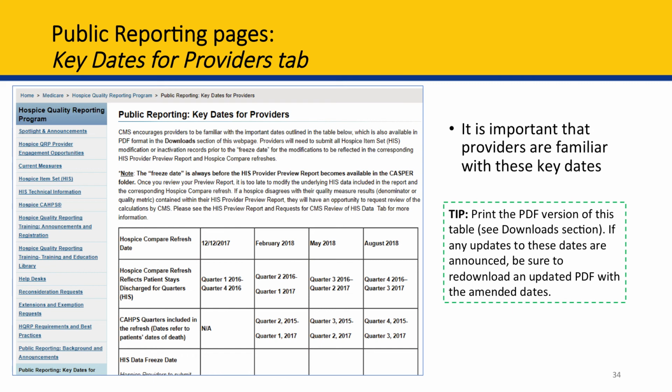Familiarity with these dates will ensure you meet critical data reporting deadlines, are informed of which quarters of data will be reflected in each refresh, and that you have the opportunity to review your data that will be displayed on Compare. So as a tip, we recommend printing the PDF version of this table. If any changes or updates to these dates occur, they will be announced by CMS.